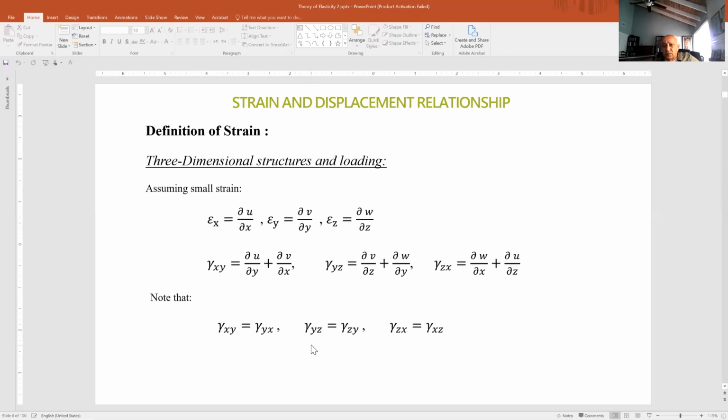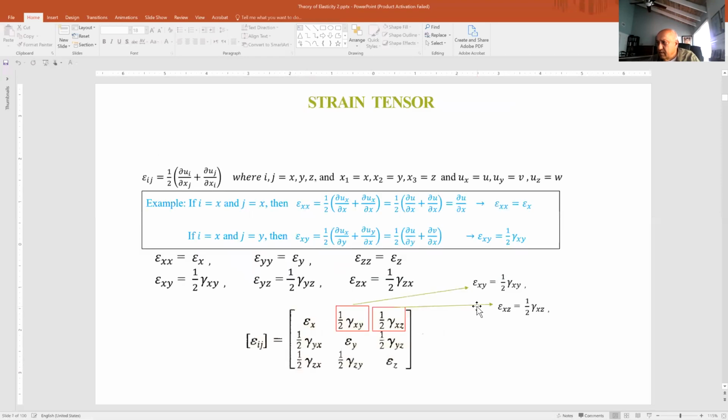So the question still remains whether the strains are indeed tensors of second degree. If they are a tensor of second degree, we should show that the same rule of transformation from one coordinate system to another coordinate system, as we explained for the stresses, would be applied for the strain as well.